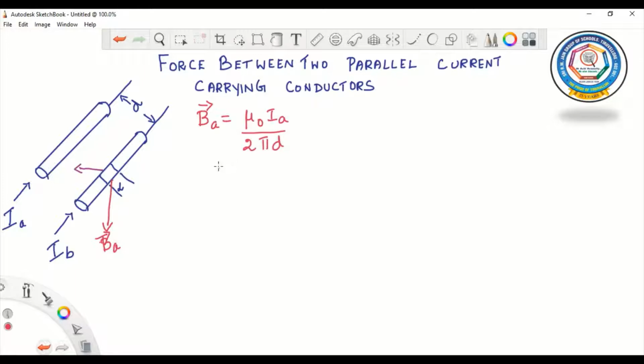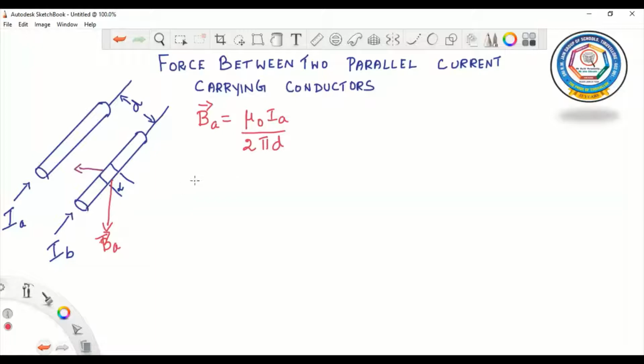Now we know that the conductor B is also carrying current. The current IB flows through the second conductor, which will experience a force due to the magnetic field created by the first conductor.